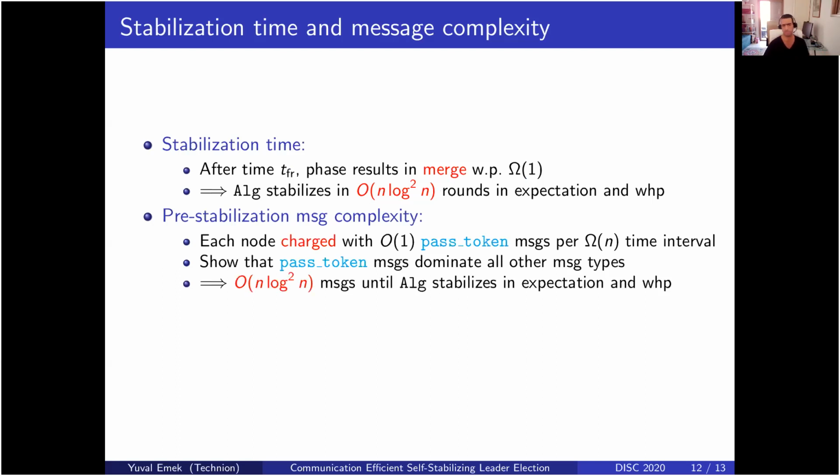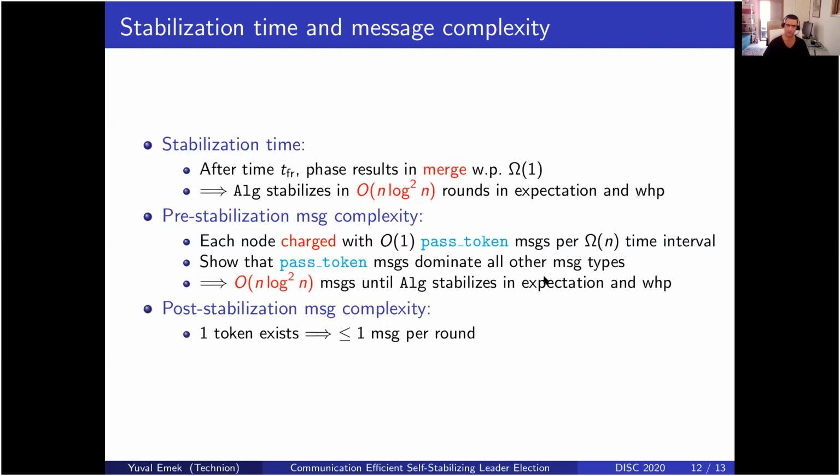This immediately implies that the total number of messages sent by the algorithm before stabilization is also order of n log square n in expectation and with high probability. And for the post-stabilization message complexity, all we have to observe is that exactly one token exists in the algorithm after stabilization, which implies that at most one message is sent in any round.